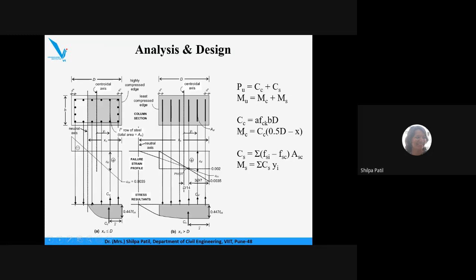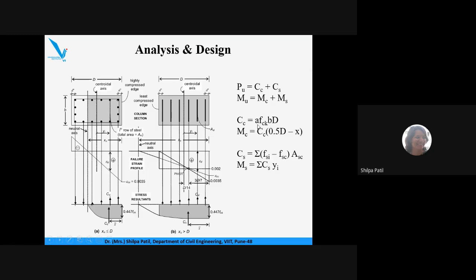Now, how do we represent the force? Any force is equal to stress into area. So Cc, the force in the concrete, is represented as fck into the area bD, and this product is always multiplied by some constant.